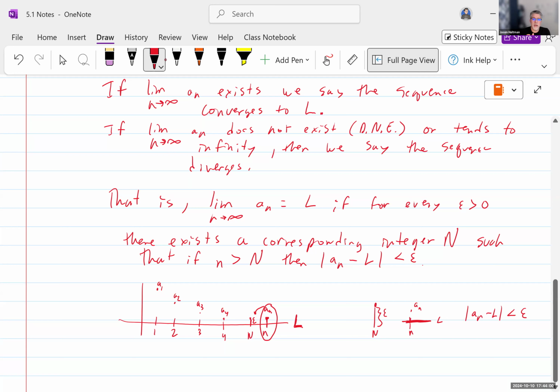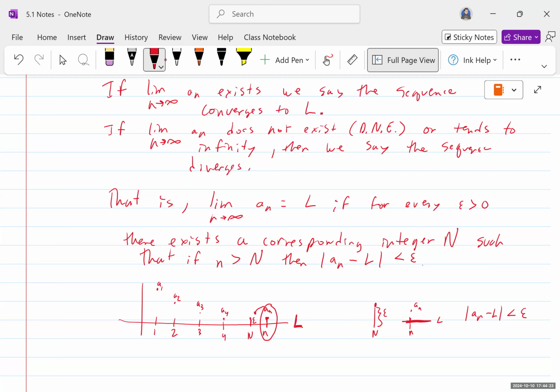Then I can go out to capital N again, and then go out one more. And I can always keep beating my best approximation to this value, and then we basically say that becomes infinitesimally small, and it is the limit at infinity.